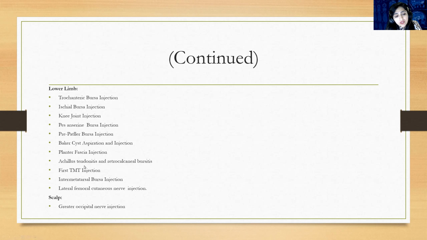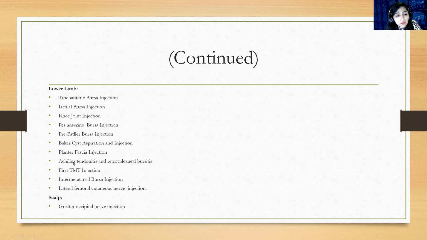Then the other common injection we can perform around the ankle is at the back of ankle. That's the Achilles tendon. Achilles tendon, we all know that it is present at the back of our ankle, and there is a bursa underneath the insertion of Achilles. That's the retrocalcaneal bursa.